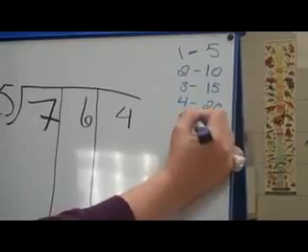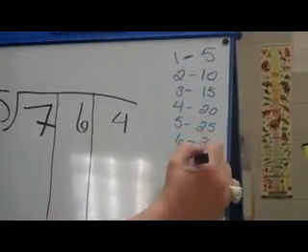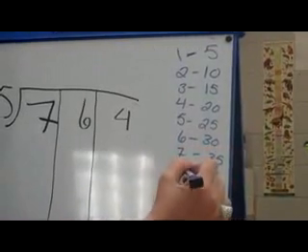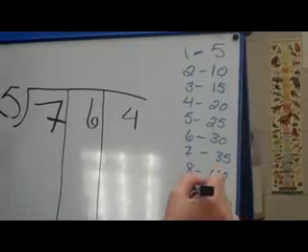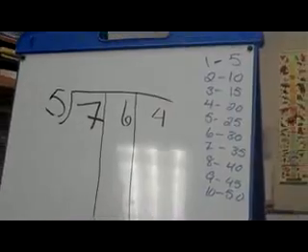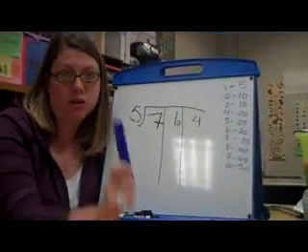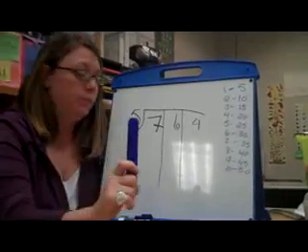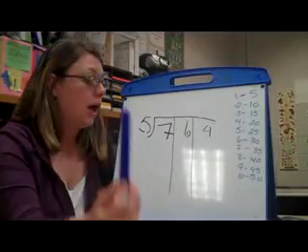All right, so what is this number right here called? Divisor. What is my divisor? What am I dividing by? What number am I splitting my big number into? Groups of 5. One of the strategies that we use is to come to the side of our paper and list out all the multiples of 5 so that we can use it to look at. If I have 1 five, that means I have 5.